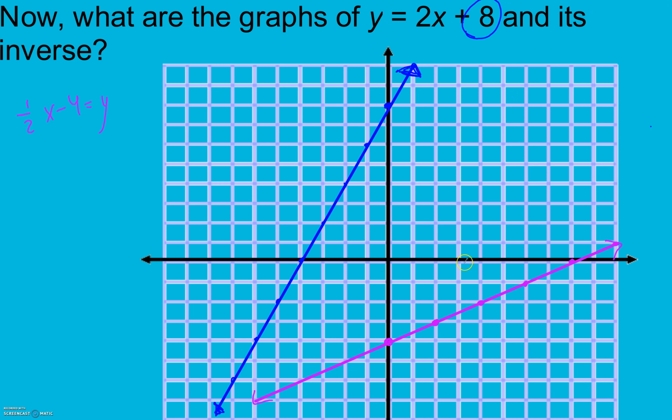I have 4, negative 2, and negative 2, 4. So my points are flopped, x's and y's, which is what we want in inverse functions. So that's one way we can check and see if our inverses are correct. That's all I have for the first half of this section here.